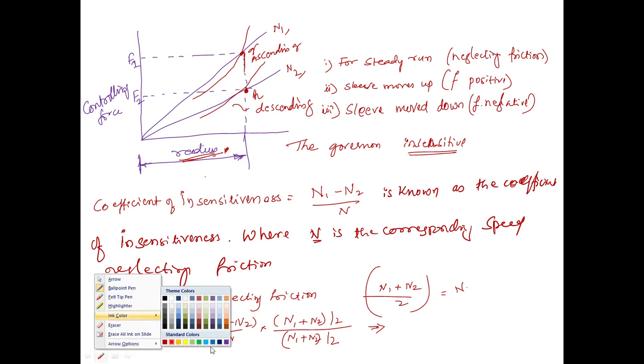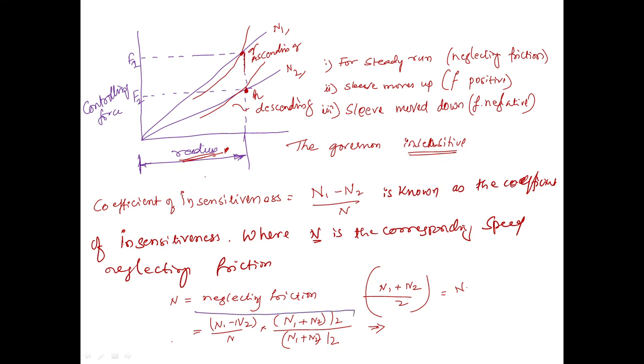If you multiply this, you get n1 square minus n2 square, divided by n into (n1 plus n2) divided by 2. Here also you are going to get divided by 2, is it right?